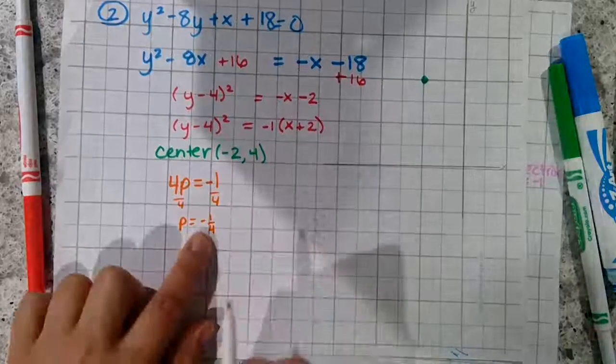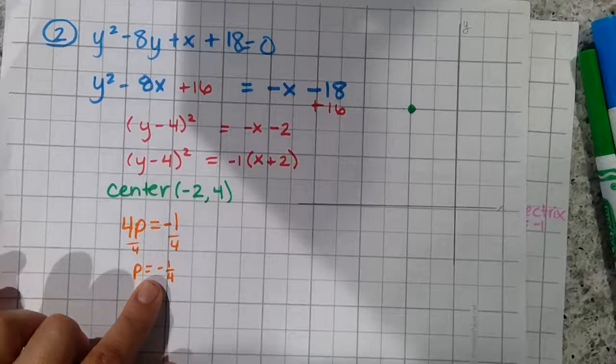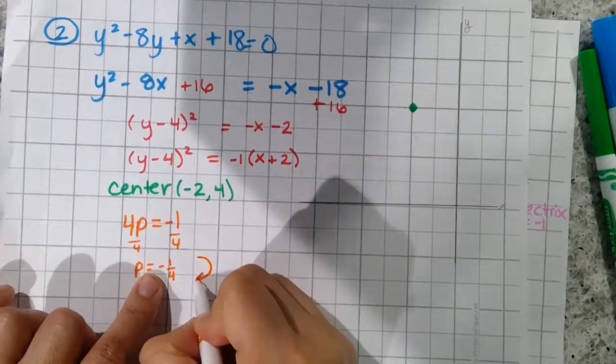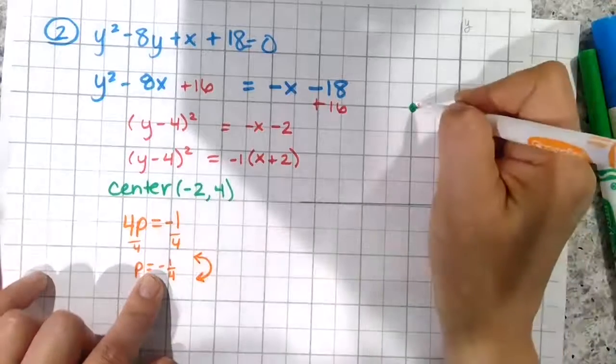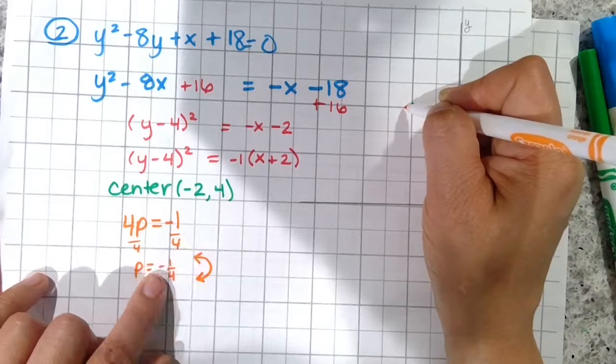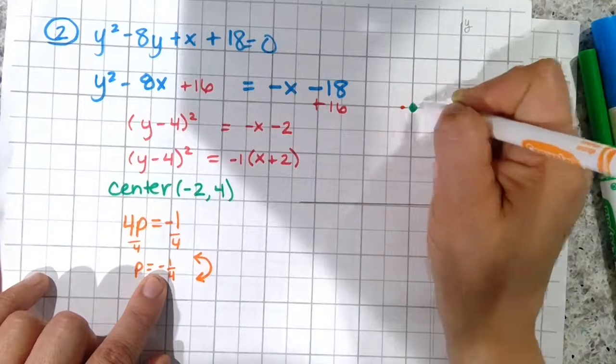The 1/4 tells you the distance. The negative tells you that it's going to be opening left or right, and because it's negative, it's opening to the left. So if this is your vertex, your focus point would be 1/4 of the way in here.